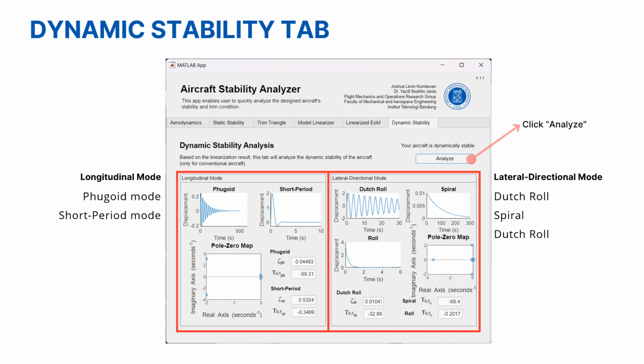The phugoid mode typically consists of one pair of imaginary poles, while the short period mode comprises one pair of imaginary poles with two real poles. In the lateral directional mode, users can evaluate the Dutch roll, spiral mode, and roll subsidence mode. This tab enables users to assess handling qualities by analyzing damping ratios and halving or doubling times of the poles.